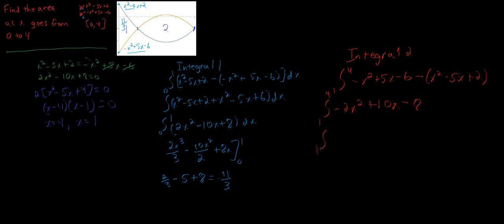And we can go ahead and integrate this. We get minus 2x cubed over 3 plus 10x squared over 2 minus 8x, as x goes from 1 to 4.